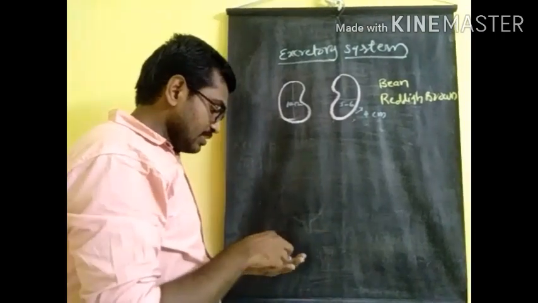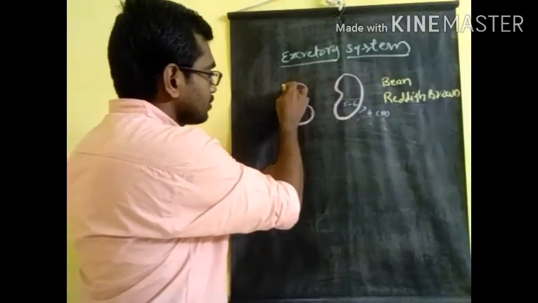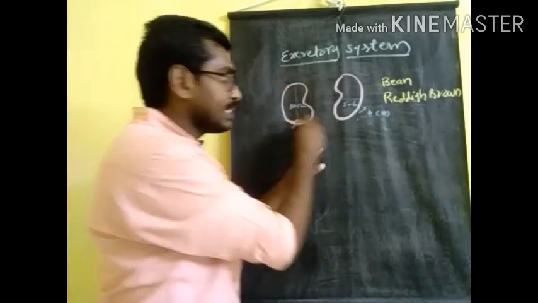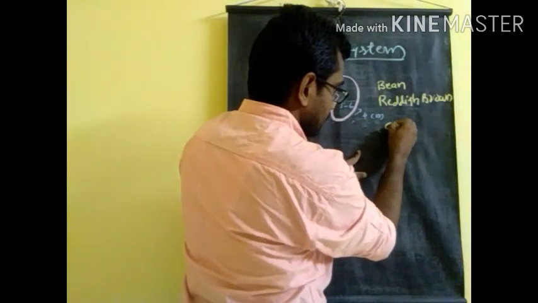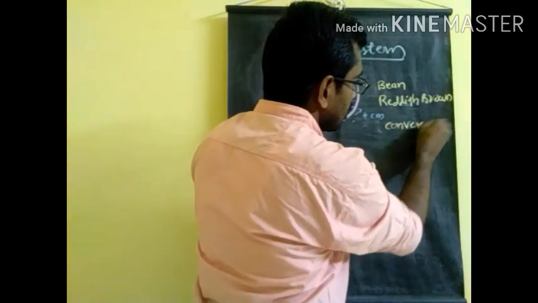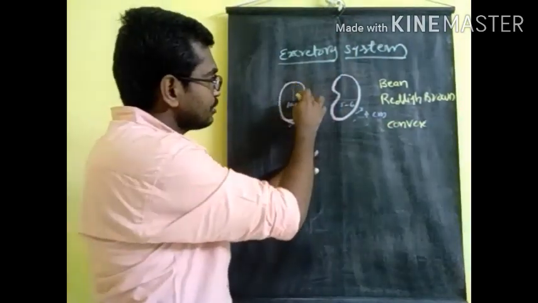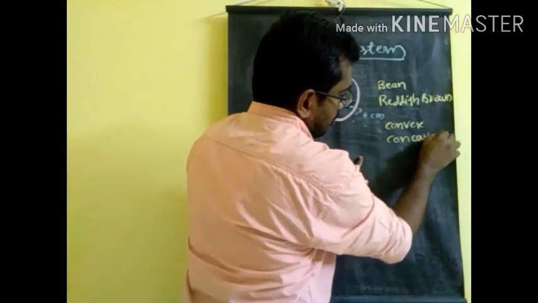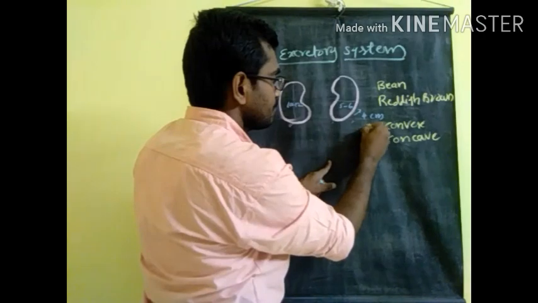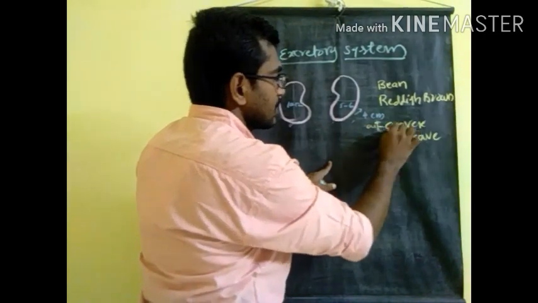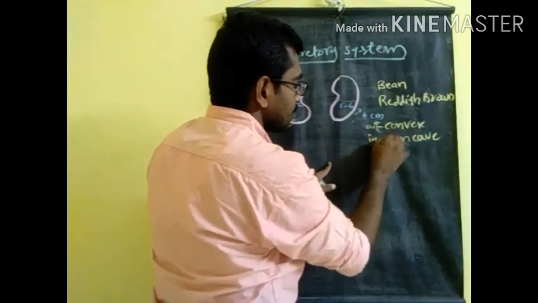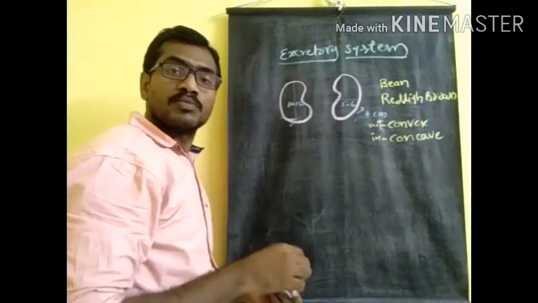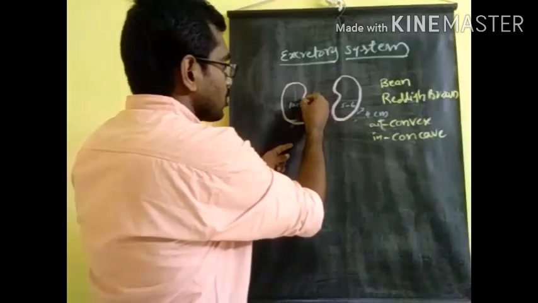The external or outer surface is convex, and the inner surface is concave. In the concave region, there is a notch.